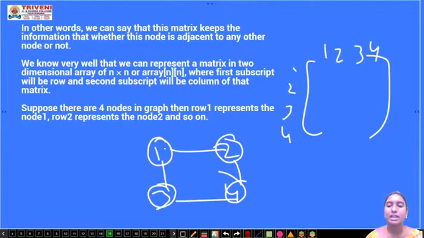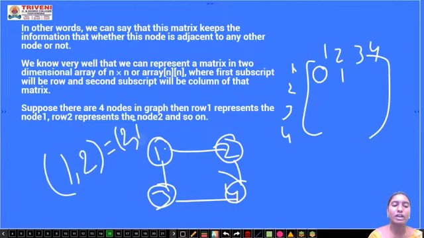1 2 1 has no reference, then have to represent with the 0, and 1 2 is the representation, then have to represent with the 1. It is an undirected graph, that's why I have taken 1 2 and 2 1, both are here equal. That's why 1 2 is the 1 and 1 3. 1 3 is nothing but here the location, that is 1, and another one 1 4.